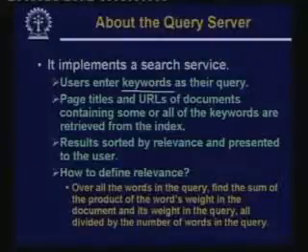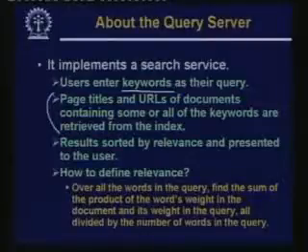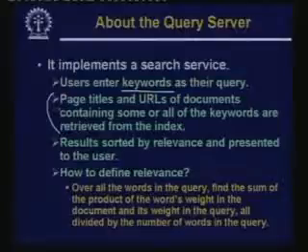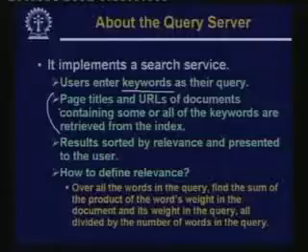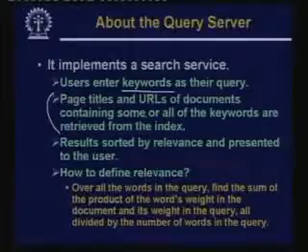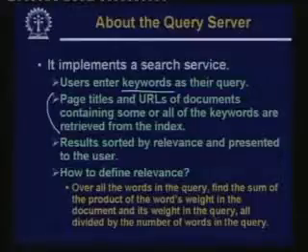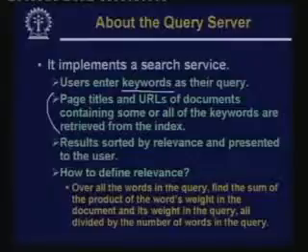So, what the query server will do in the second step, it will be retrieving information that is stored in the database in the form of the full text index values, page titles and the URLs of the documents containing some or all of the keywords are retrieved from the index. Now, after retrieving this information, results are sorted by relevance.